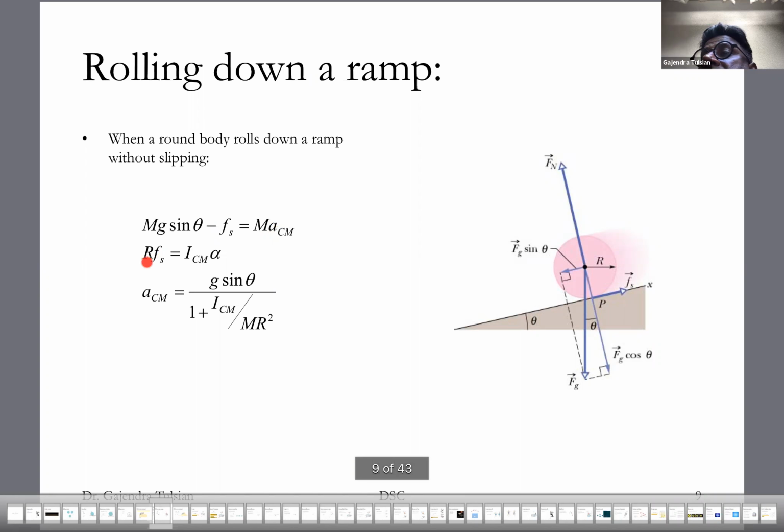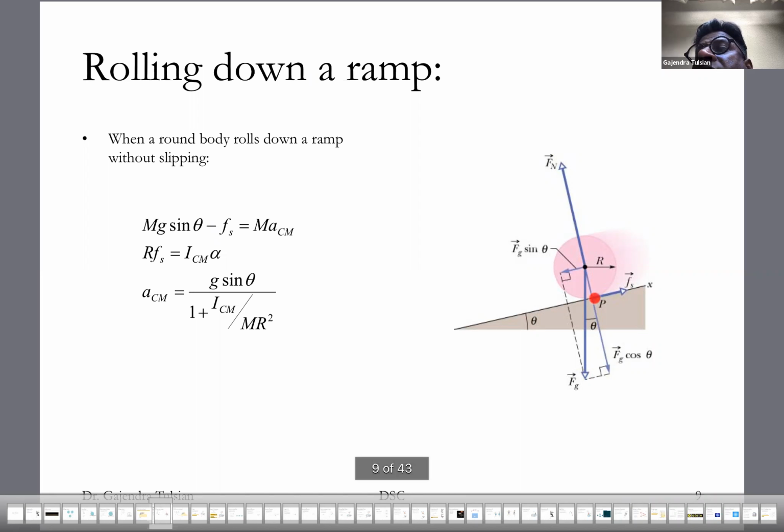We'll calculate the torques about this axis, and the torque about that axis is the friction force times the radius of the wheel, and that's equal to the moment of inertia times alpha. So this is Newton's second law for rotational motion, because as it's rolling down, it's rotating about that axis as well.